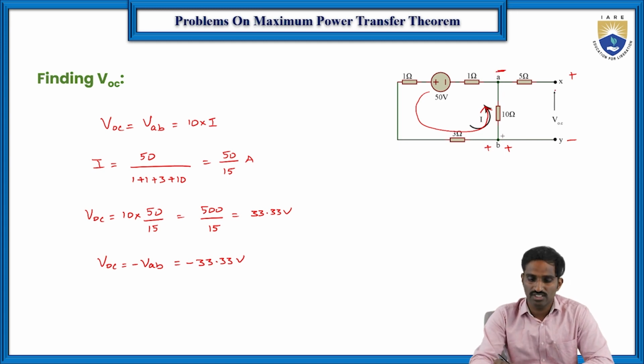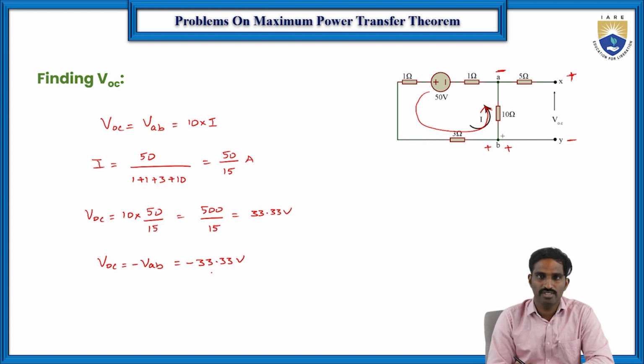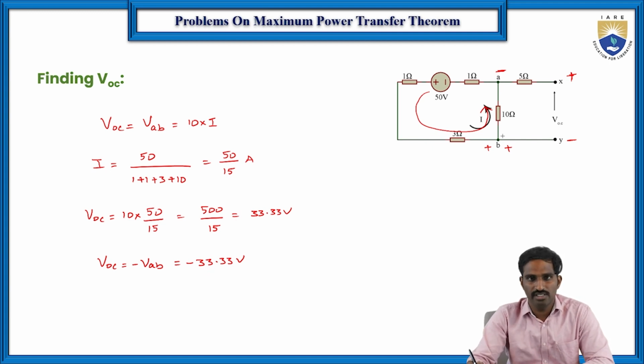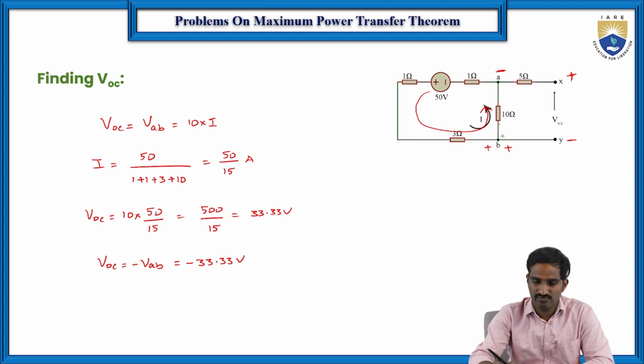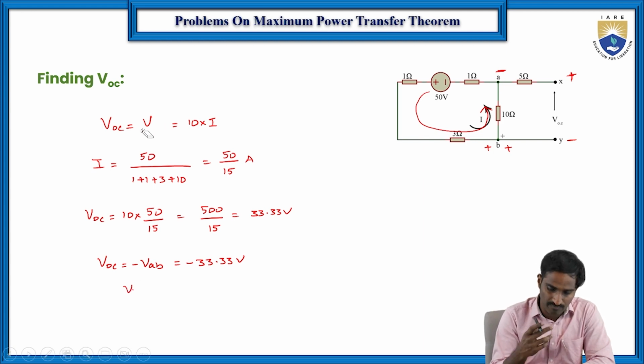The polarities are reversed. So VOC is minus 33.33 volts, not 33.33 volts, because this is from B to A. So this is not even VAB, this is VBA.